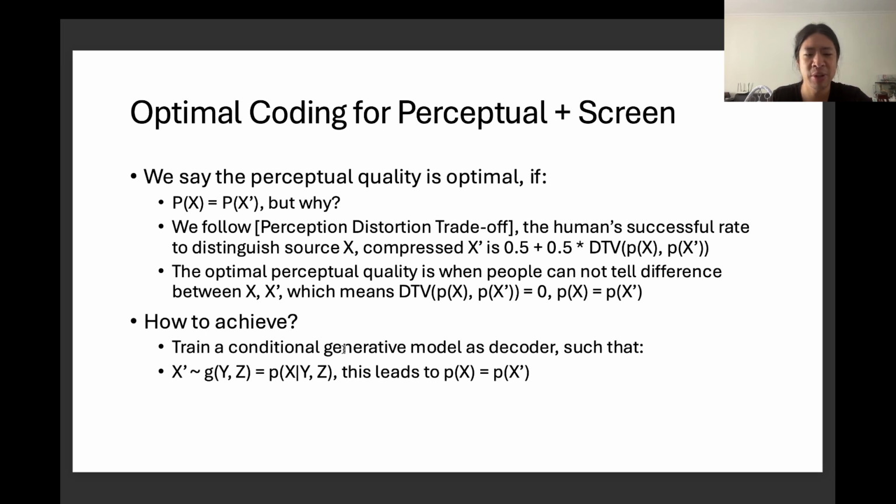We can train a conditional generator model as a decoder, and the decoded image x hat should equal the posterior distribution of the source image conditioned on y and z. This will lead the marginal distribution of x hat to be equal to p(x).